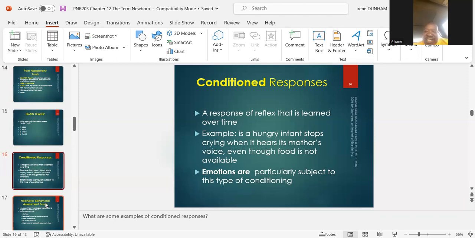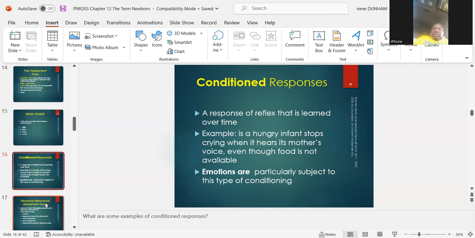How about conditioned responses? A response or a reflex is learned over time. And these babies learn to cry when they're hungry and everything else. So emotions are particularly subject to this type of conditioning. We were talking before about reflexes, and I want to make sure you get this.